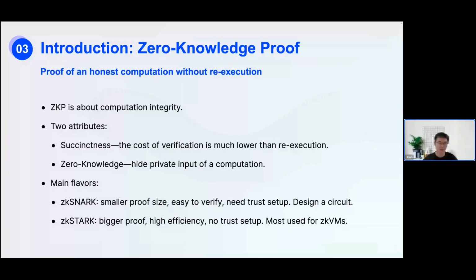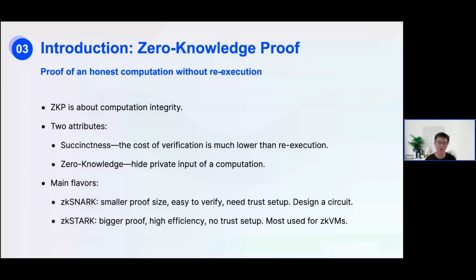And technology-wise, we often see in the industry two flavors of zero-knowledge proof. The first one is called zk-SNARK, and the second one is called zk-STARK. I think people who are familiar with this field must have heard about these terms quite often. So zk-SNARK has the benefit of a smaller proof size. Groth16 proofs are, I think, almost a similar size to an Ethereum transaction.